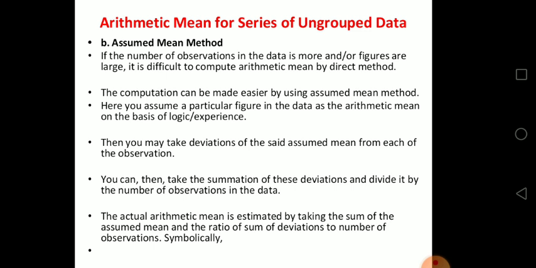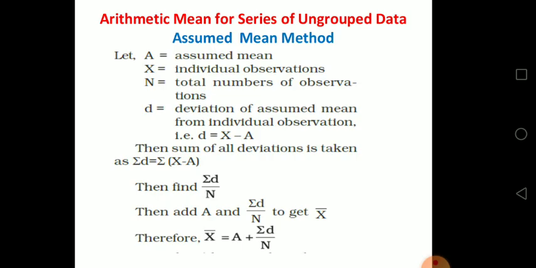Then the actual arithmetic mean is estimated by taking the sum of the assumed mean, which is usually represented by capital letter A, and the ratio of the sum of deviation to number of observations, and this can be represented symbolically as thus.